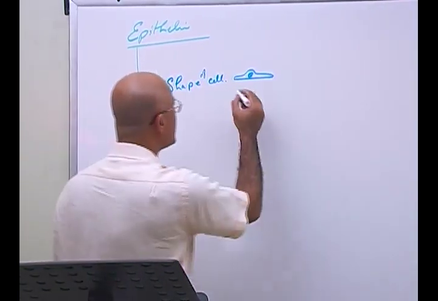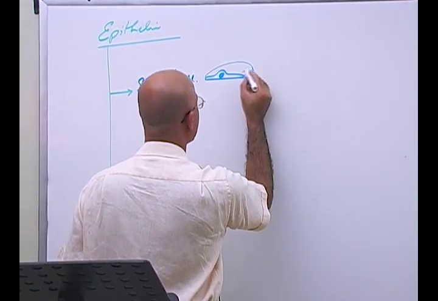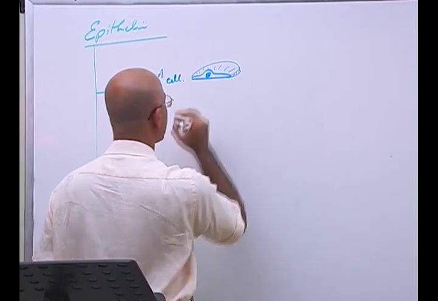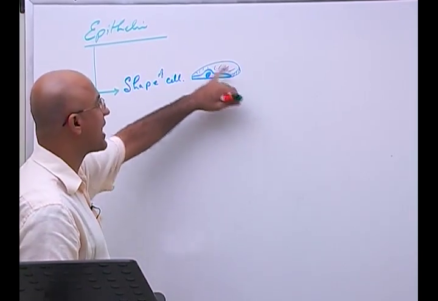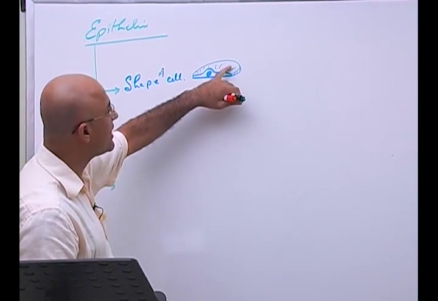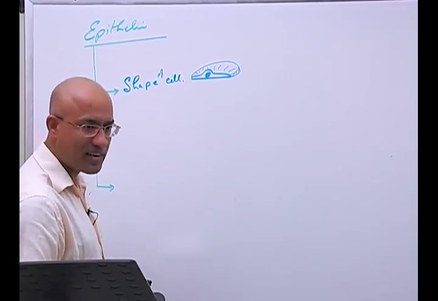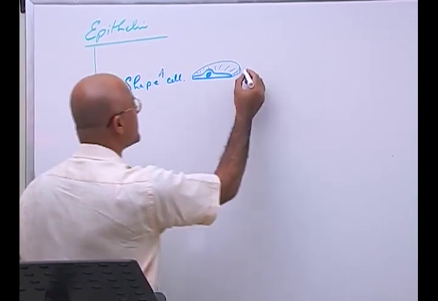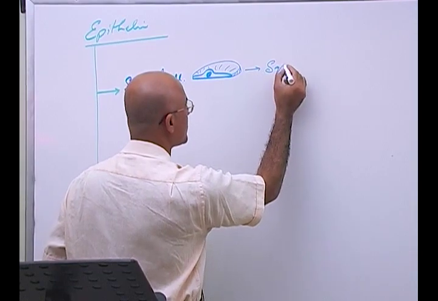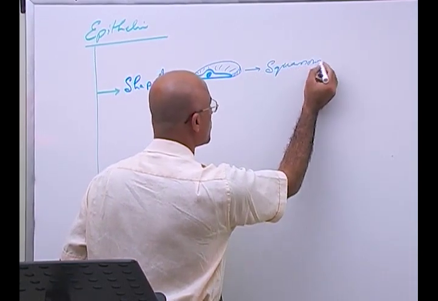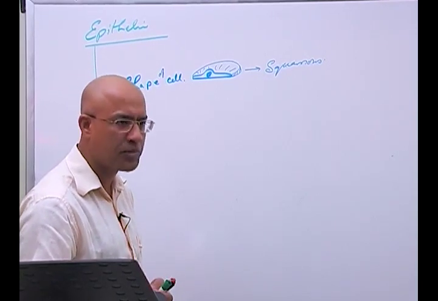Now this is a flat cell, and in this cell there is a central nucleus, but it is like a fried egg. The height of the cell is very little and the width of the cell is very wide. These types of cells are called squamous cells. So those epithelia which have flat cells, we call squamous epithelium.